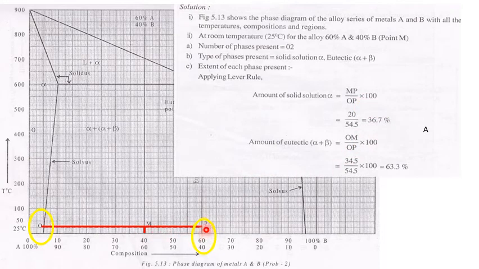Now the amount of eutectic is standing at P, OM divided by OP, so we'll get 63.3. So this is how exactly we can calculate the phases and amounts for the given alloy composition using the lever rule, for different types of phase diagrams. Thank you.